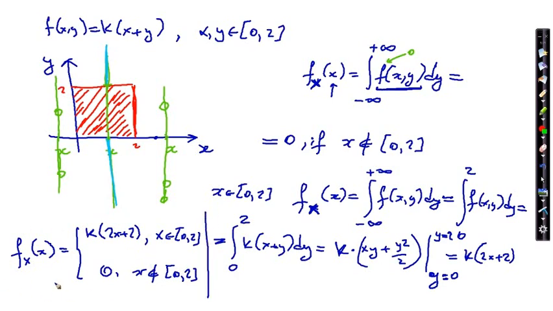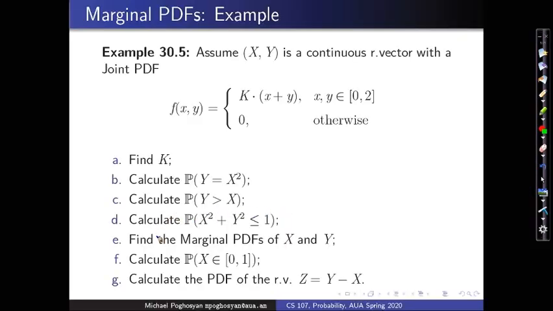So this is the distribution PDF, in fact the PDF of random variable x. Okay, so similarly, if you change x to y, here you will write y, you will obtain the marginal PDF of y because of symmetry of the function and symmetry of the region. So we have solved that part E.